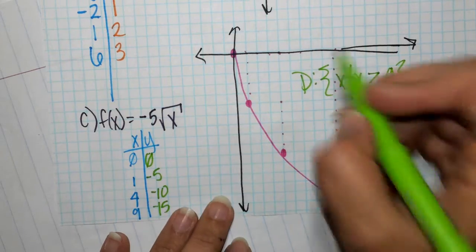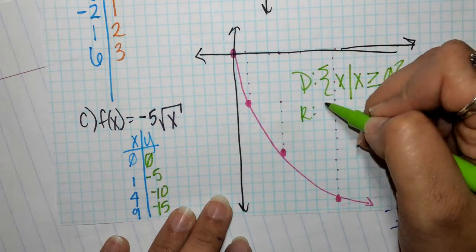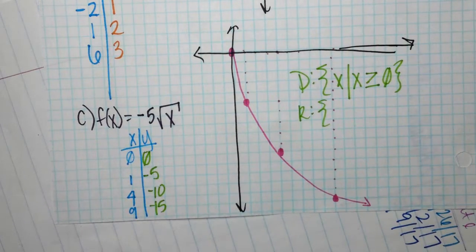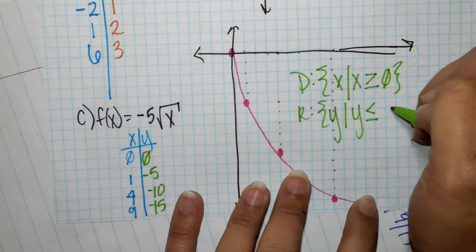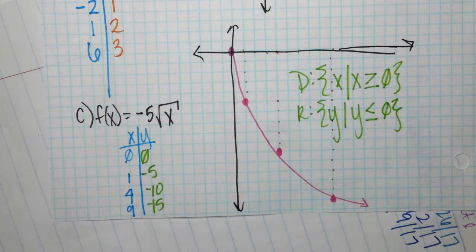And our range. Now, what did our y value do? It went down. So is that less than or greater than? So y, when y is less than or equal to 0.